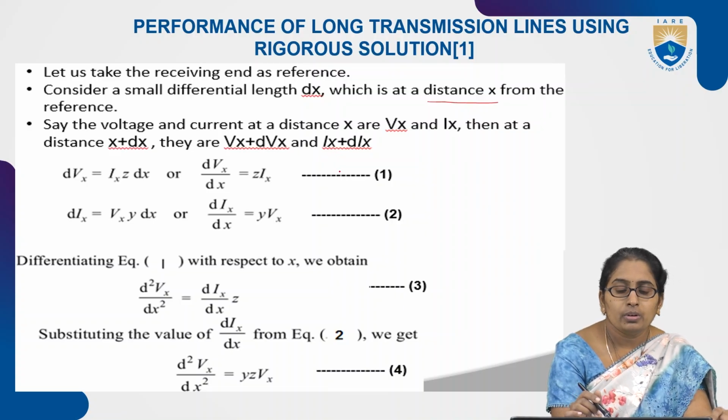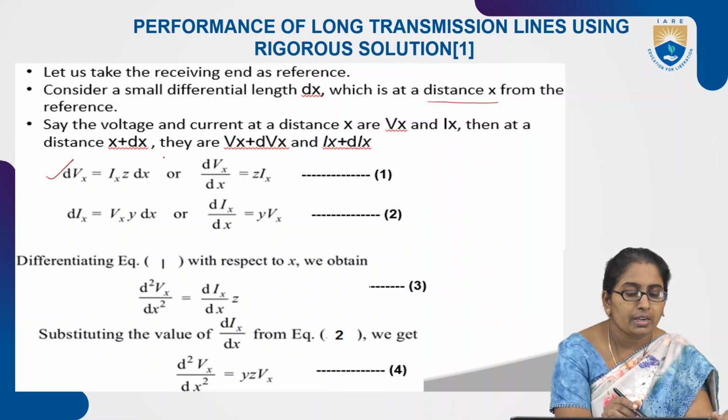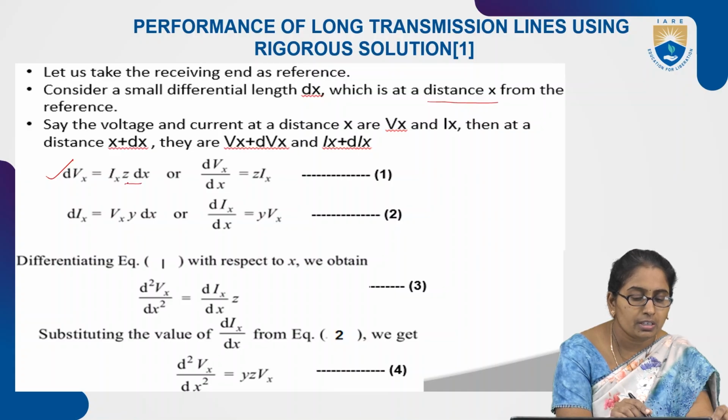Now, with respect to that small differential length dx, based on Ohm's law, V is equal to IR. So the small voltage dVx is equal to Ix into the series impedance of the line, z dx.